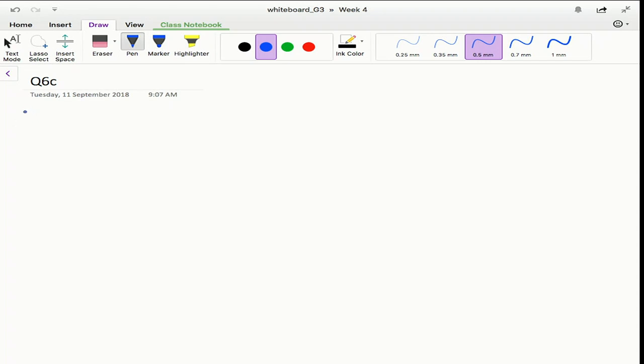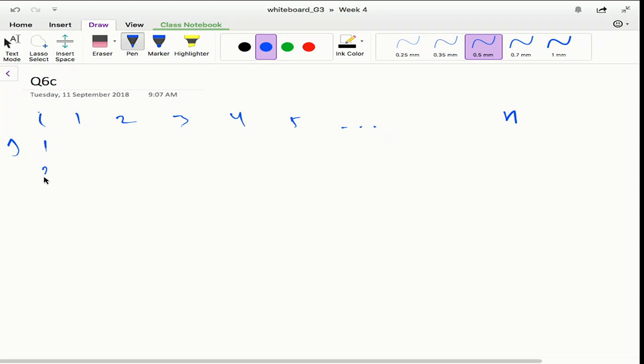So now the i is going to range from 1 to n plus 1, which means it's going to start from 1, 2, 3, 4, all the way, and the last one is going to be n. Now the j itself will do the same: j equals 1, 2, 3, 4, 5, all the way to n.